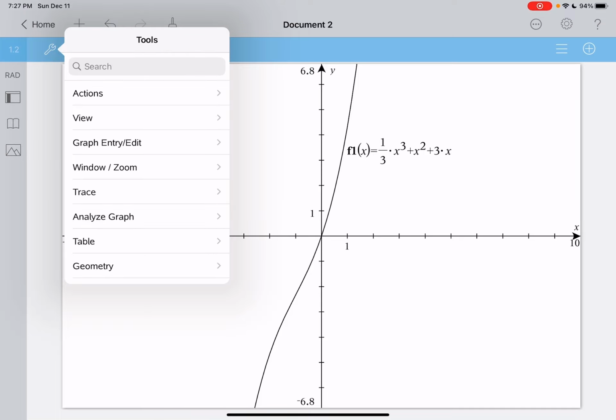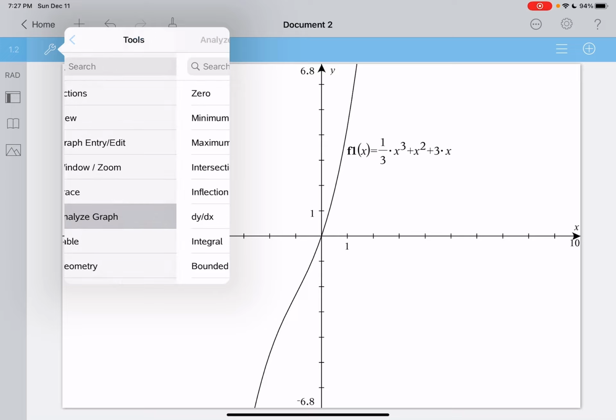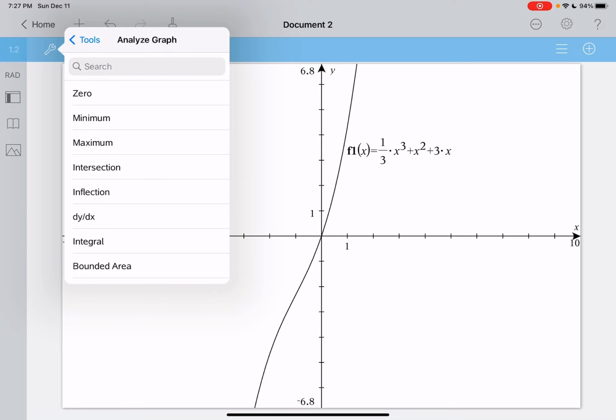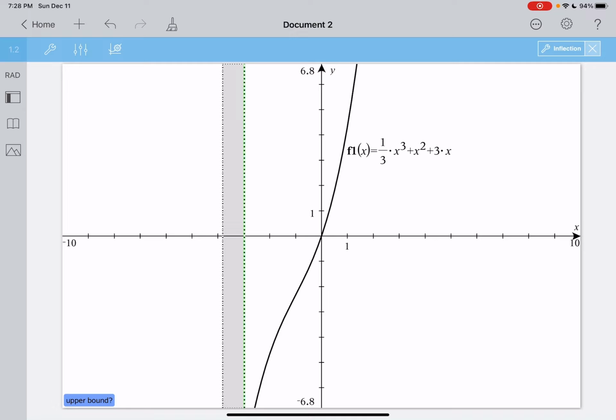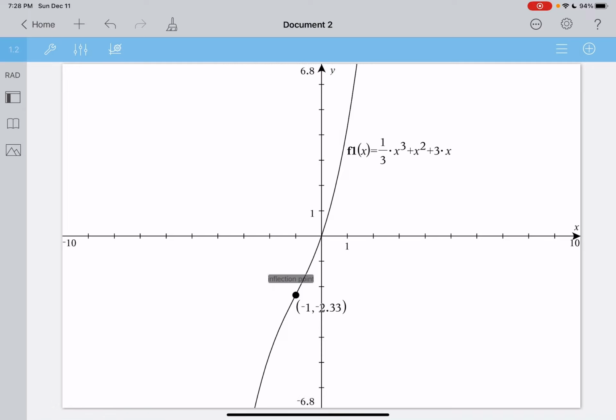One of the things it will do is if I go to my menu button now and then go to Analyze Graph, it'll find a point of inflection for us. So right about there. So for lower bound, you guys are just going to use your left and right arrows to get this point somewhere to the left of where you think that point of inflection is, and you'd hit Enter. And then your right arrow would move over here, and you'd hit Enter as well.